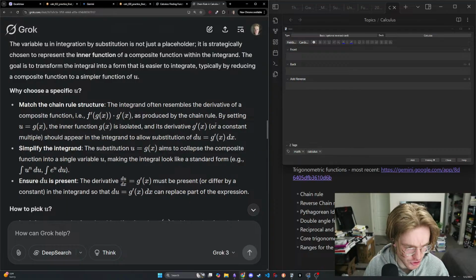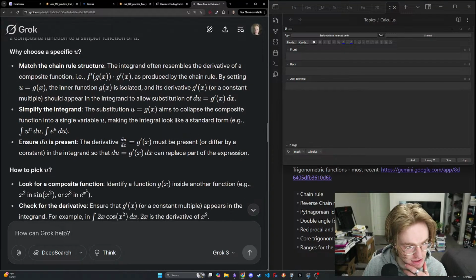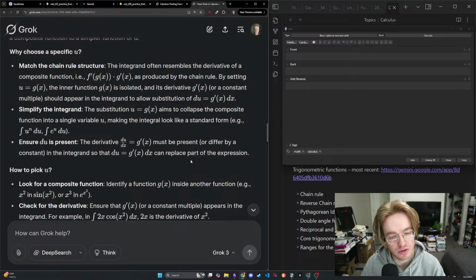By setting u equal to g of x, the inner function g of x is isolated, and its derivative g prime of x, or a constant multiple, should appear in the integrand to allow substitution of du equals g prime of x dx. Simplify the integrand by the substitution u equals g of x, which aims to collapse the composite function into a single variable u, making the integral look like a standard form.